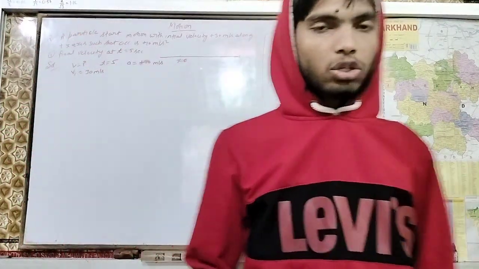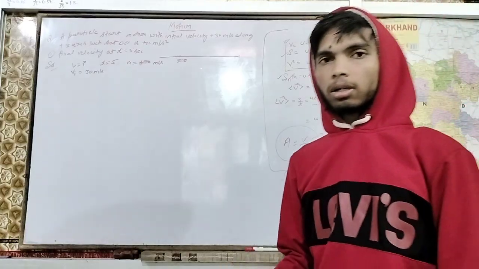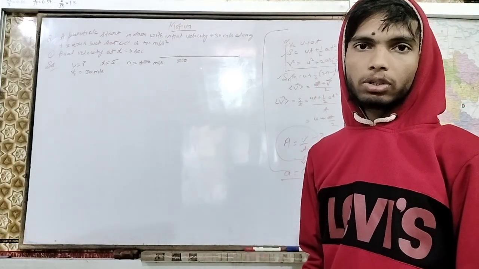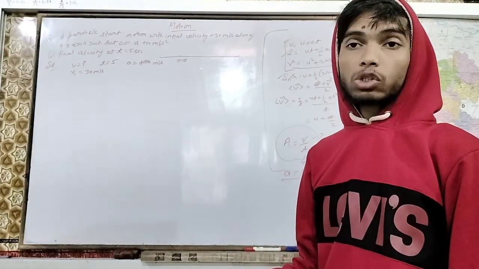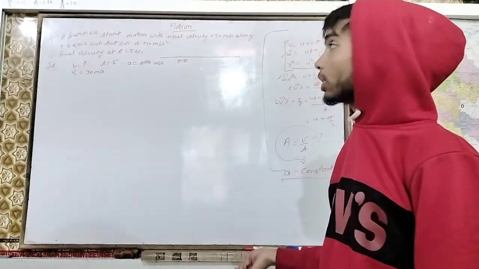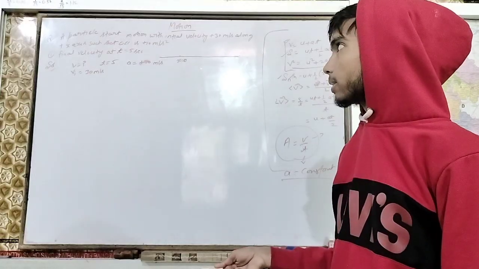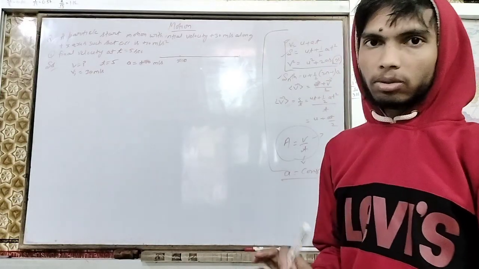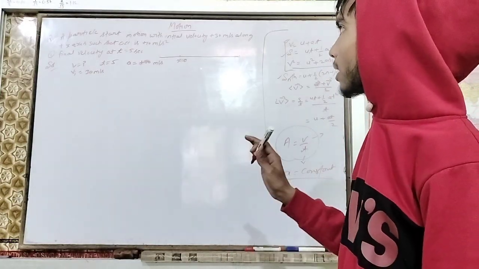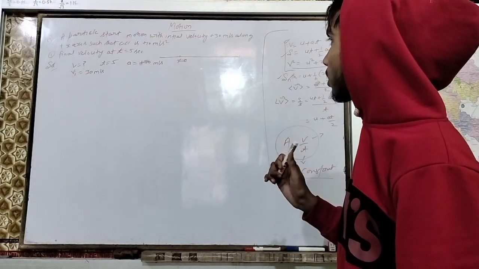With acceleration of 10, a particle is covering distance with the initial velocity of 30 meter per second, and time is 5 seconds. So in that case, what would be our velocity?